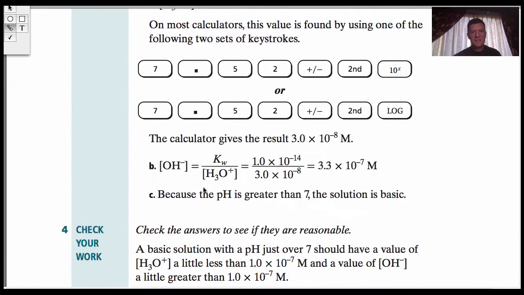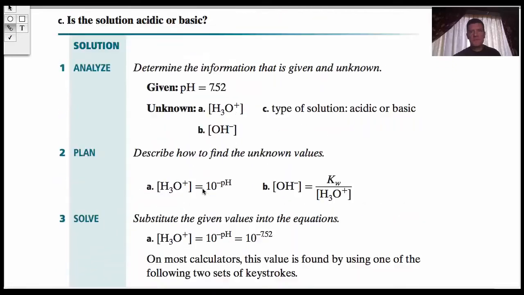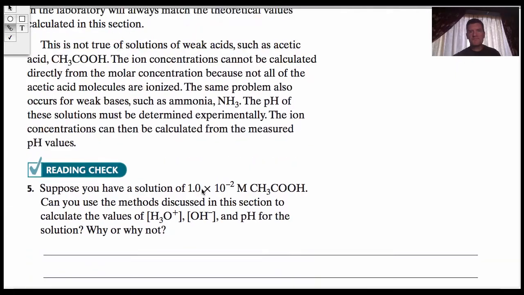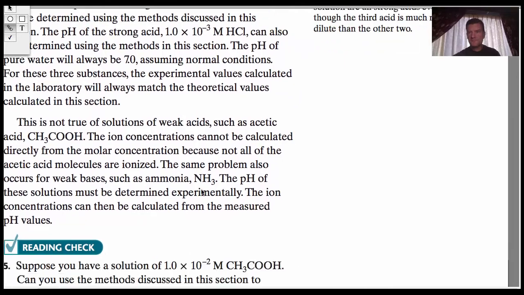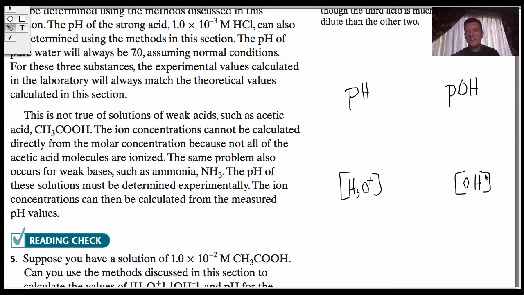Here we have pH, pOH, concentration of hydronium ions, and concentration of hydroxide ions. Okay? Now, those are your 4 variables. If I give you just one of those, you should be able to find all of the other 3.